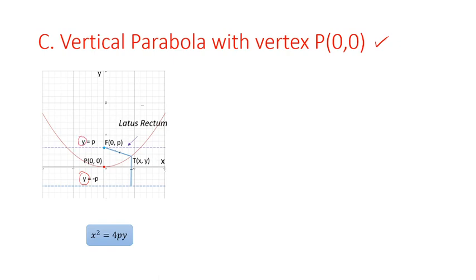For the focus, since the focus of the vertical parabola goes up p units, the distance between the focus and the vertex is p. So now the height is added, and at the y position it becomes (0, p), not (p, 0). The latus rectum length does not change.